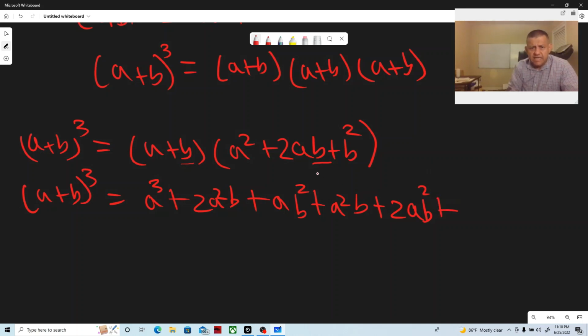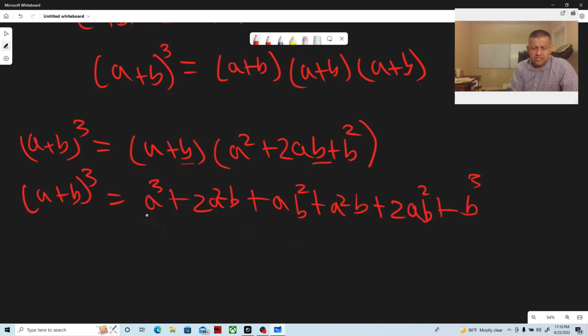And then the next one is going to be b squared times b, or you can say b times b squared is going to be equal to b cubed, right?